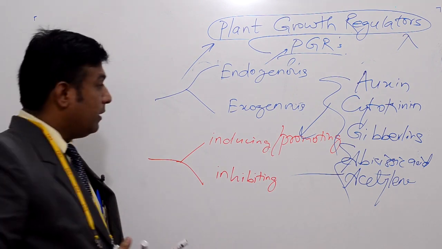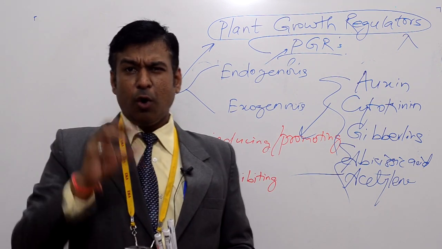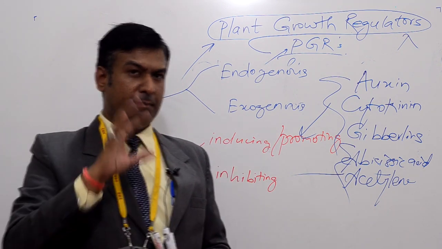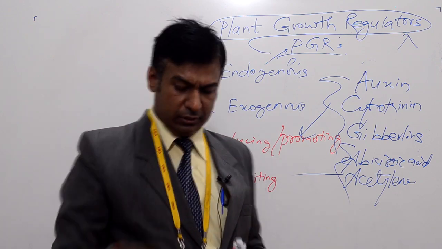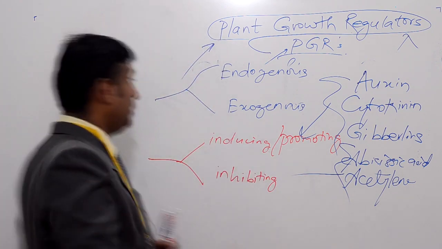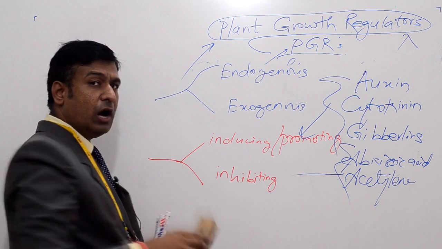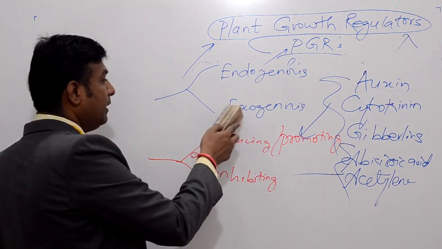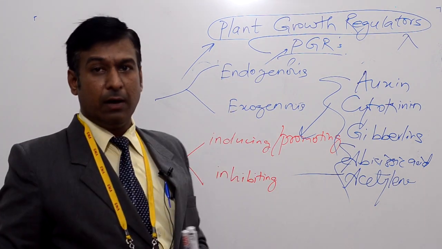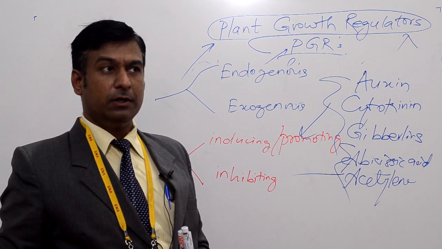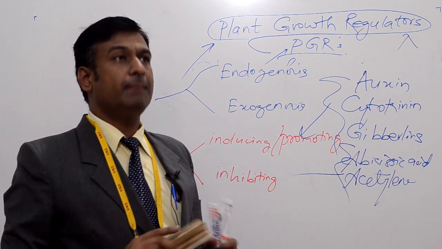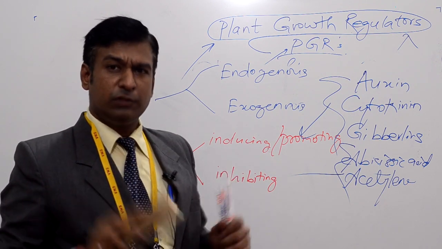Now we come to the common function of the plant growth regulators. What is the common function of plant growth regulators? We have seen how we can classify them. We will describe more about the hormones, their different structures and their functions.